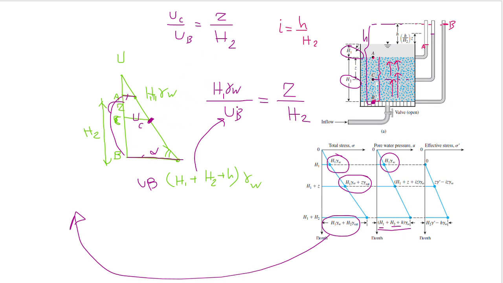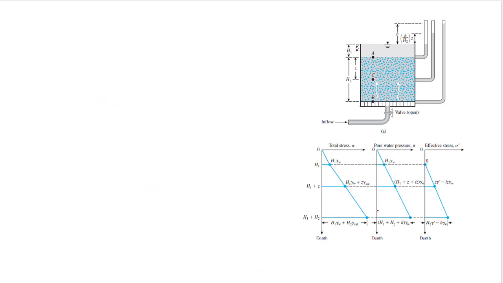This one was for point A. If we calculate that one, we come up with the result that at point C the pore water pressure, U at point C, is H1 plus Z plus, if we make it a bit easier, H divided by H2 times Z.